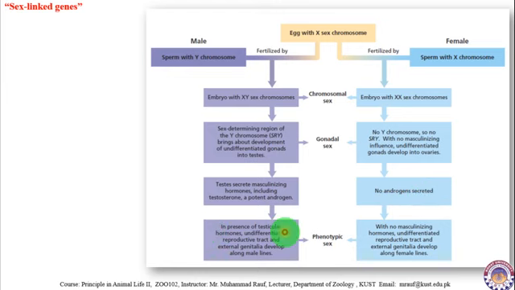So, in the presence of testicular hormones, means in the presence of testosterone, the undifferentiated reproductive tract and external genitalia develop along male lines, means like the ones which are there in the males. With no masculinizing hormone, undifferentiated reproductive tract and external genitalia develop along female lines, means like the ones in the females.